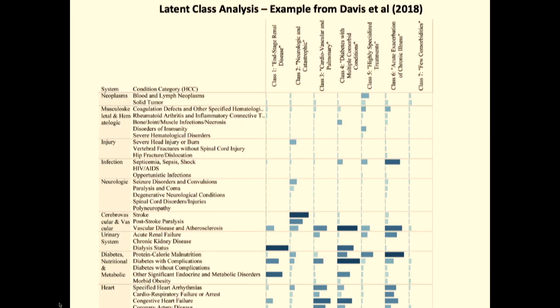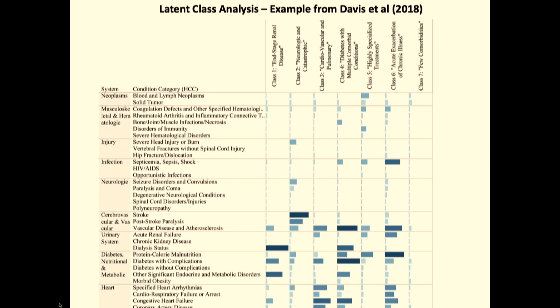The last approach, which I mentioned, is latent class analysis. It's too much to go into the theory of latent class analysis in this particular presentation, but I want to highlight what it does. It also defines clusters; it calls them classes. In this case, for example, there are 7 different classes.